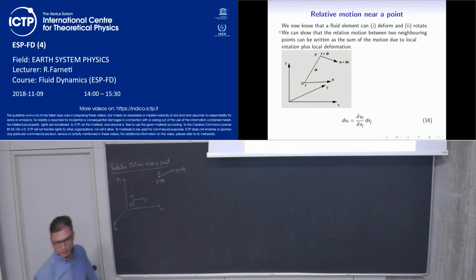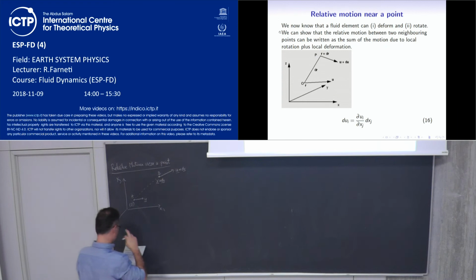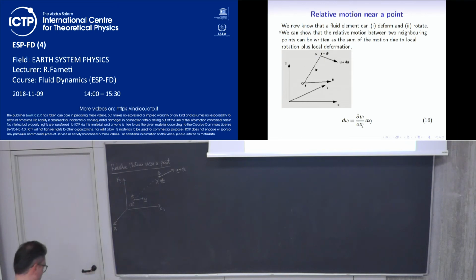We have followed the particle from point A to point B. So now we want to define all the motion happening to the element of fluid, which is the sum of all the deformations and all the rotations that are happening to the fluid.